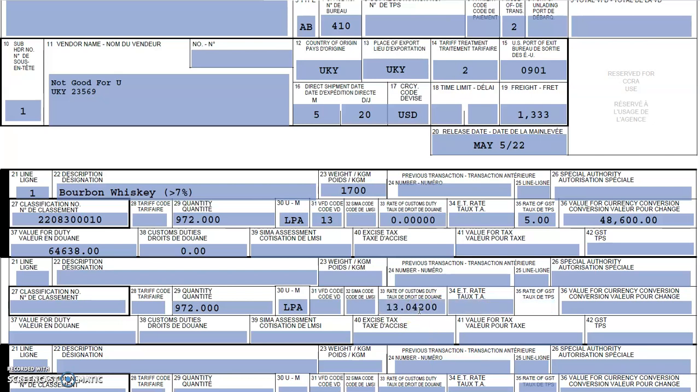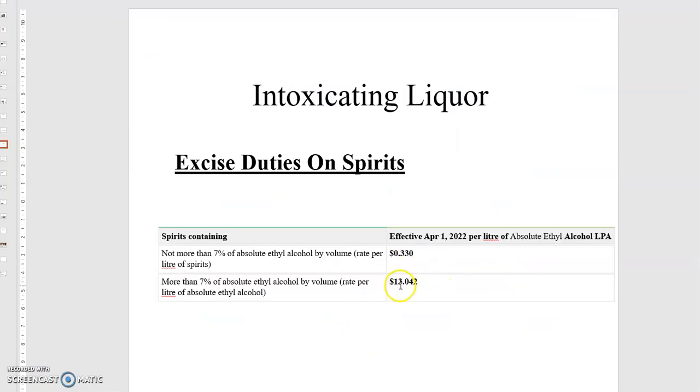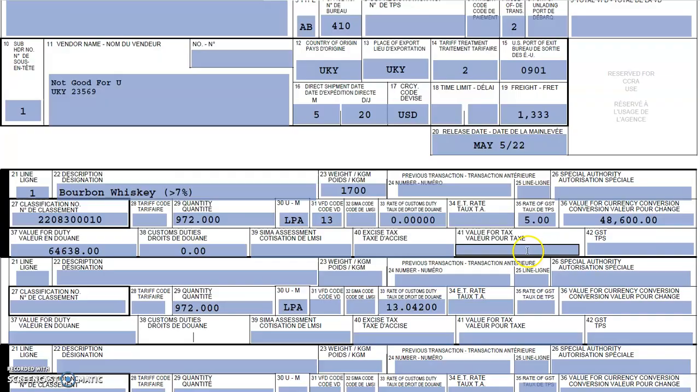And we put in the excise duty, which is the rate of excise duty times LPA, because remember the rate is 13.042 per LPA.